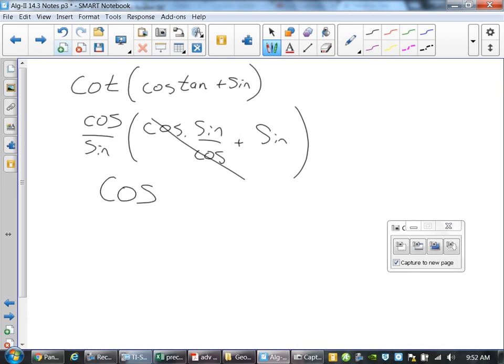So cosine over sine times 2 sine is 2 cosine. It works, yeah. It'll go the same way.